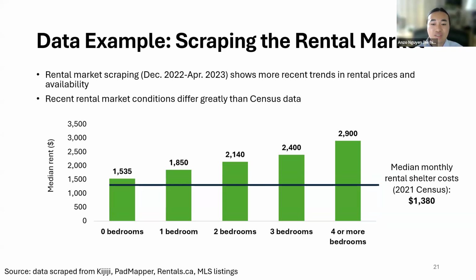to Ottawa. And so you can see in this example here, this graph shows from that data we scraped over those 5 months, the median rents across the whole city of Ottawa by the unit size of the apartment.